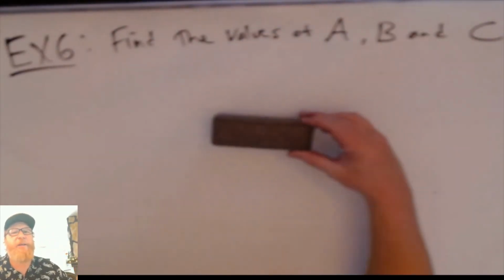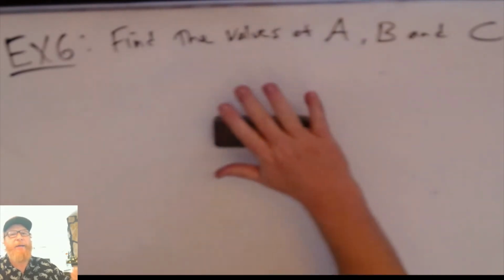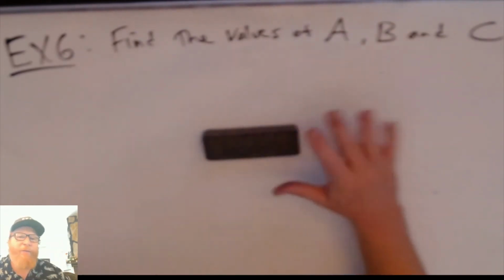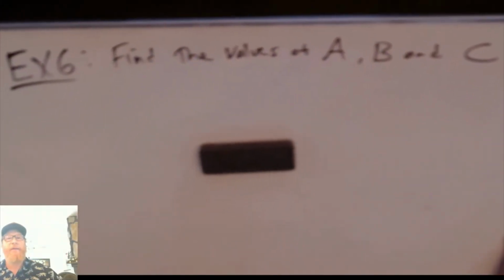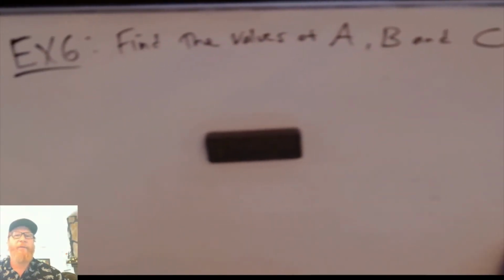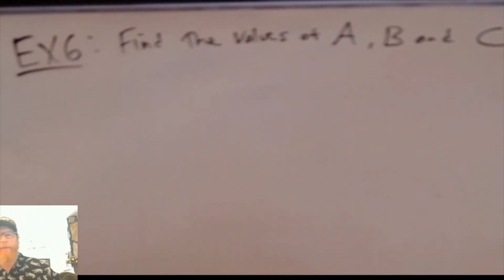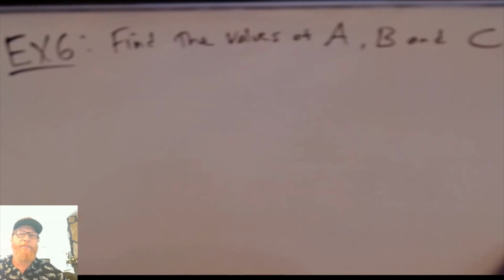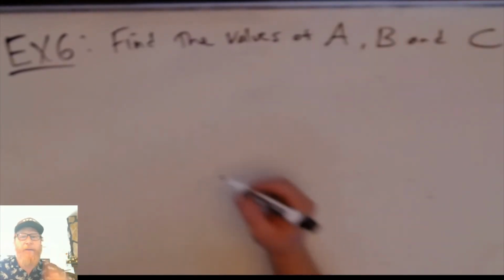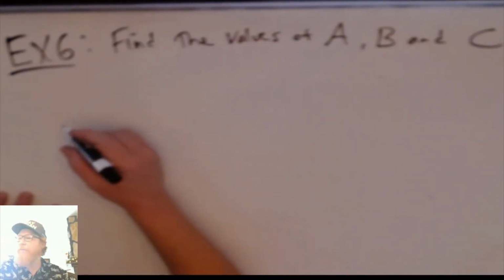This was the first video, and this happens quite a bit. I've tried turning off the autofocus, but this seems to happen quite a bit. Come on back. Sometimes it'll clear itself up while I'm writing the problem, so just bear with me here.